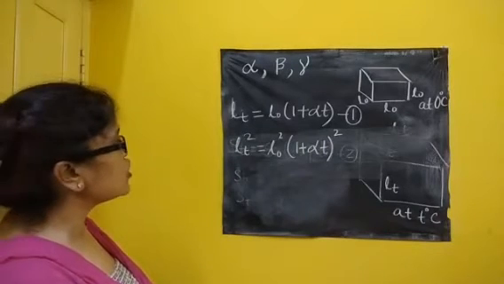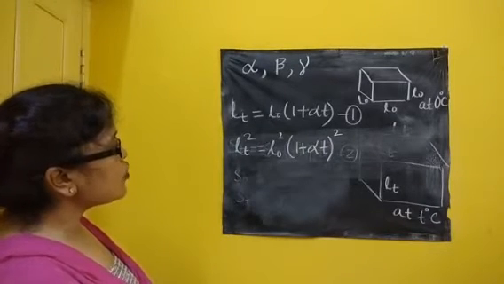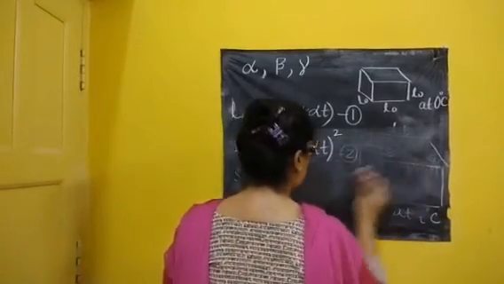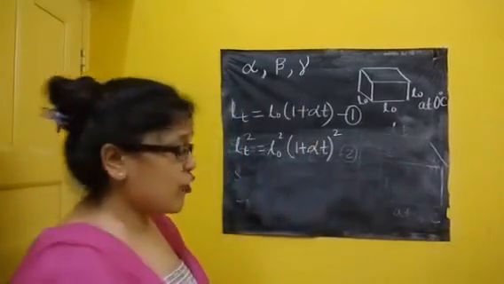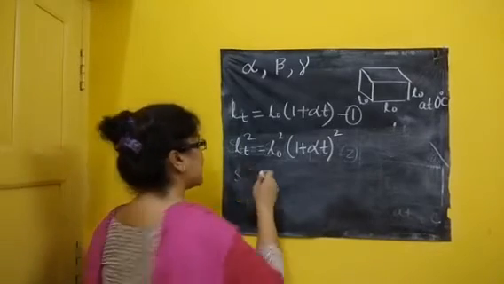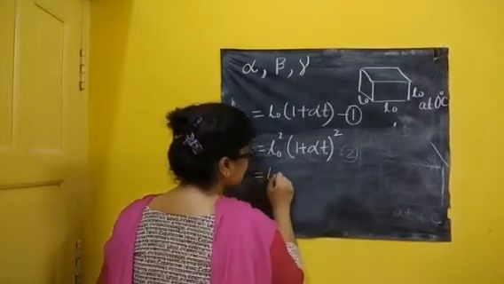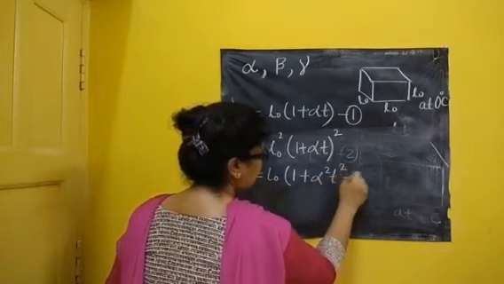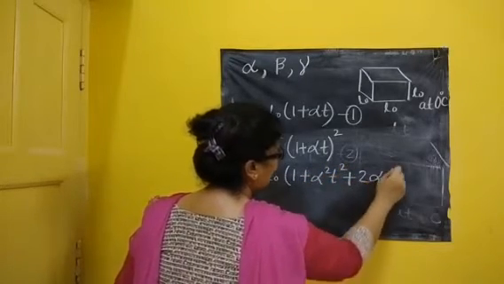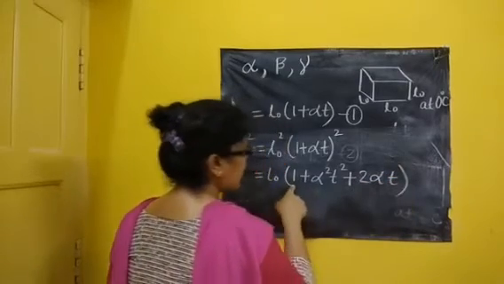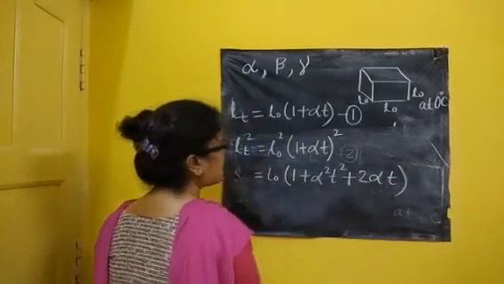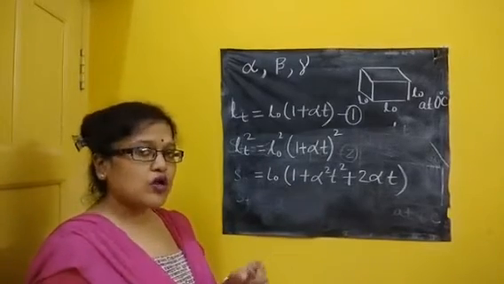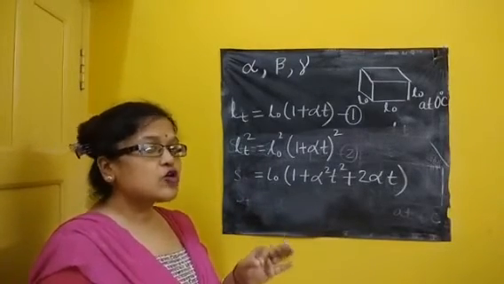I think no confusion. Now we know the (a plus b) whole square formula. So for (1 plus alpha t) whole square, using the formula, I will get L0 square (1 plus alpha square t square plus 2 alpha t). It is seen that alpha's value is very small, nearly 10 to the power minus 6.